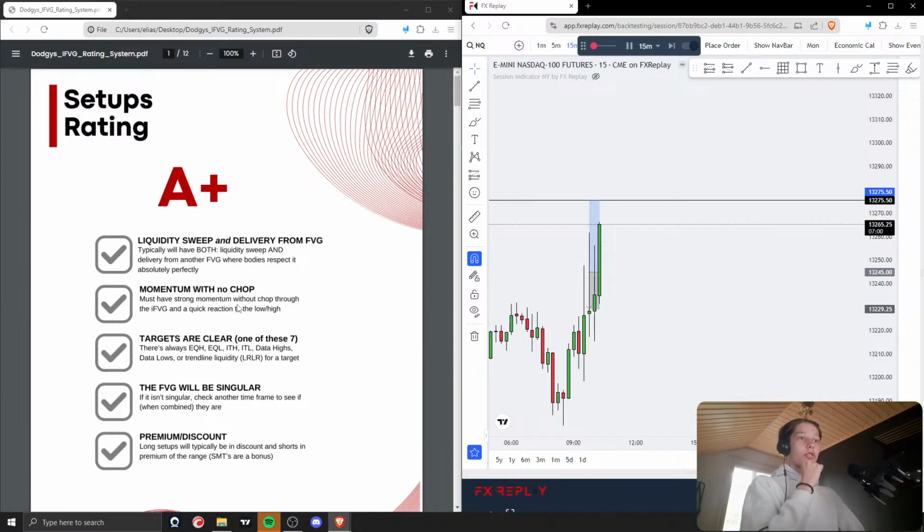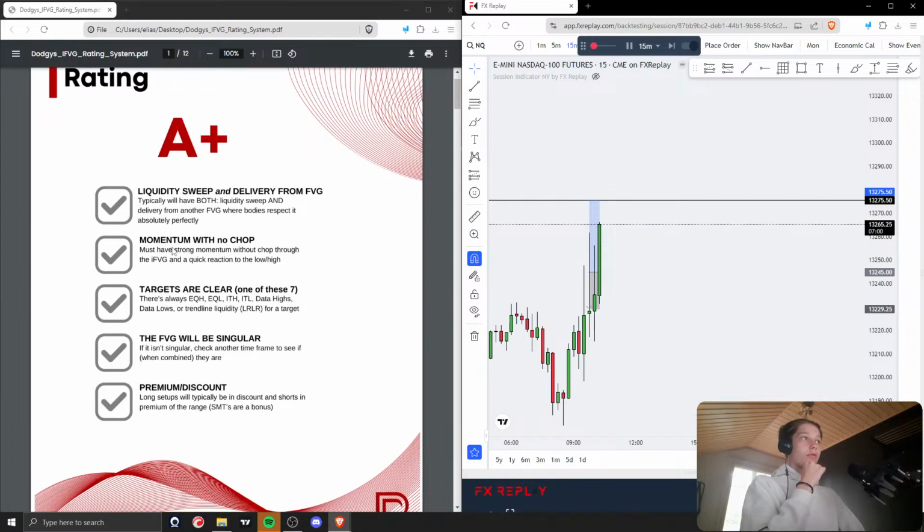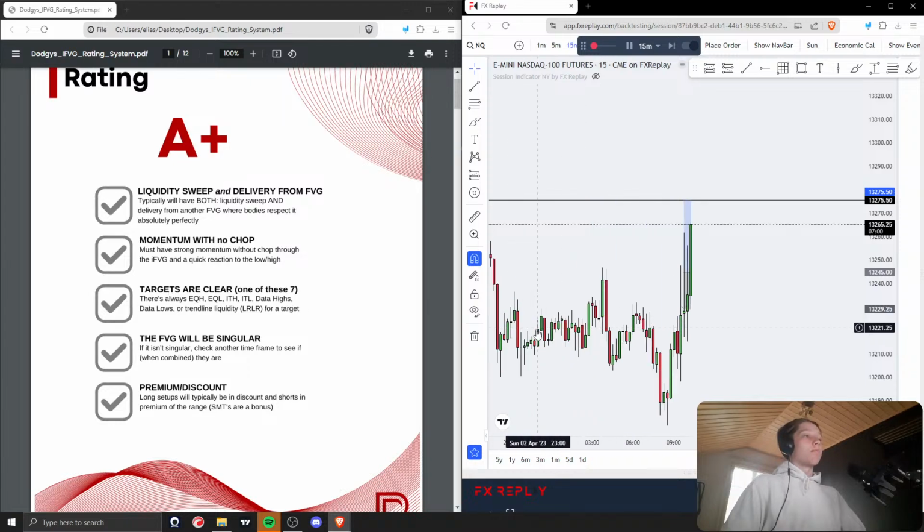Momentum with no chop. You must have strong momentum without chop through the iFVG and a quick reaction to the low or high. So yeah, that's pretty nice to see when that happens.